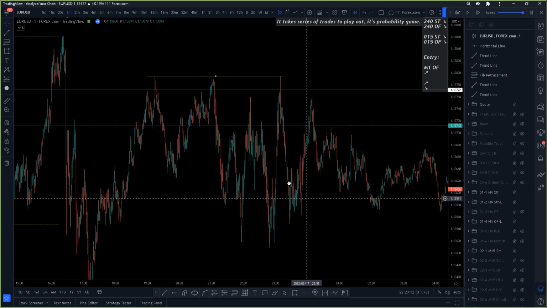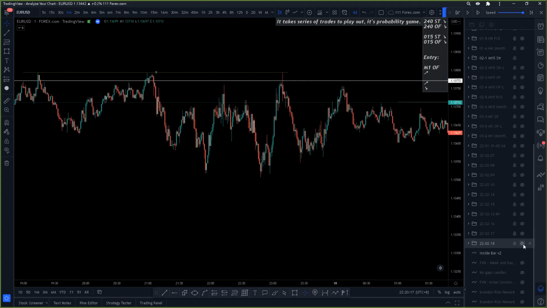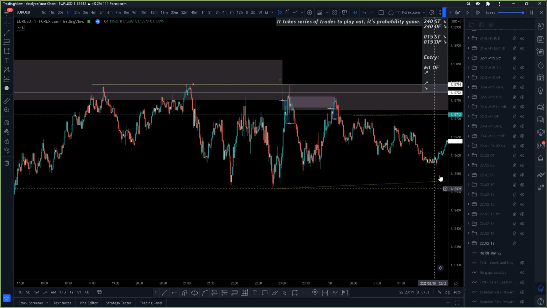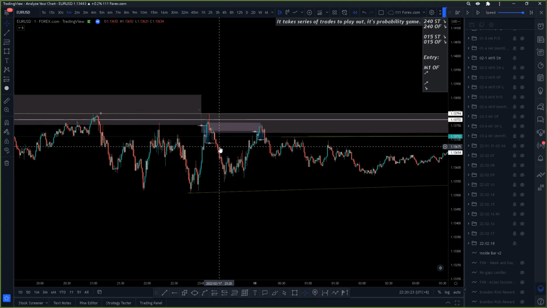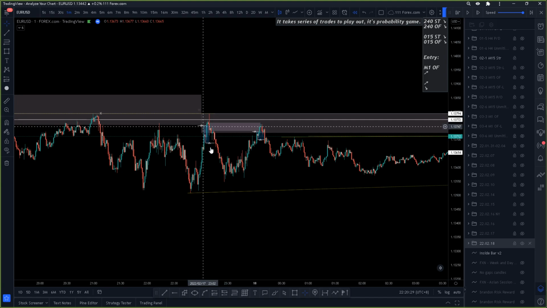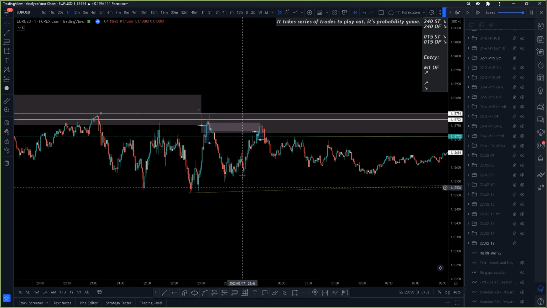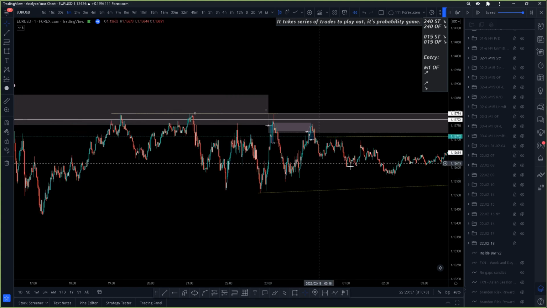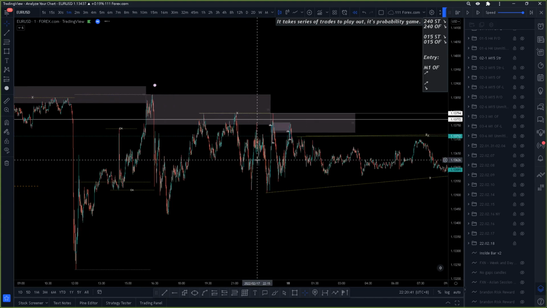I think the way I draw is trying to rationalize all of this stuff, that there are some internal change of character even, or it didn't break any structure. Yeah, seems like that.